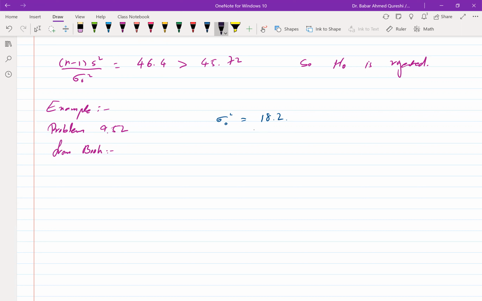She claims that this new method is going to reduce this variance, because they want every student to do well, so they want to reduce the variance in the test scores.